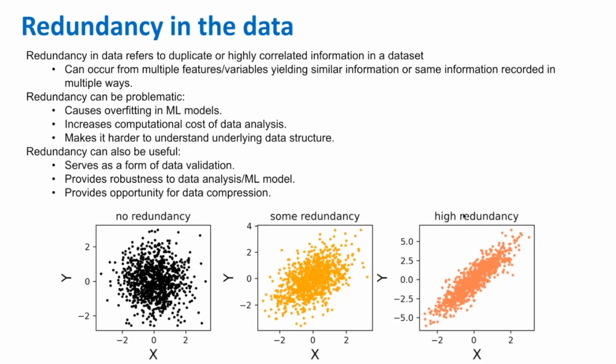So in the case of this high redundancy, you can already imagine that maybe I only need one of the dimensions. Maybe y is completely superfluous, and so we could reduce the data by just looking at x. But that's a pretty naive way of doing it, and there are better ways.